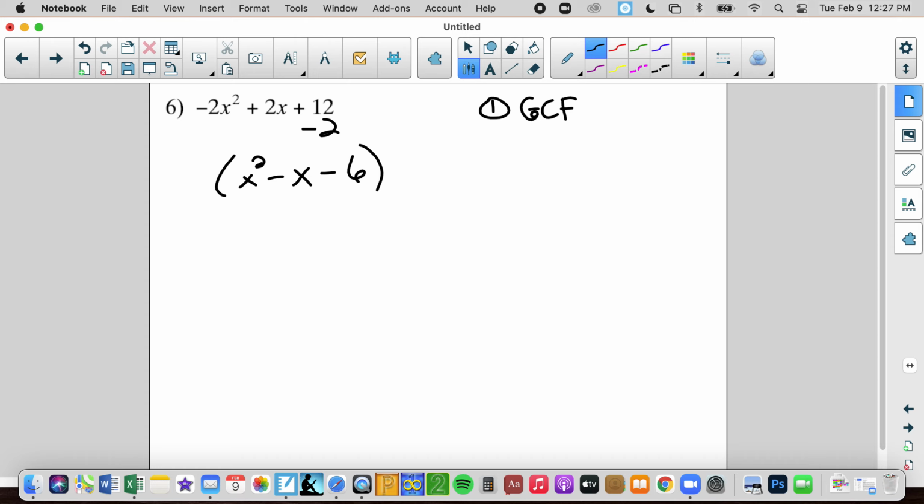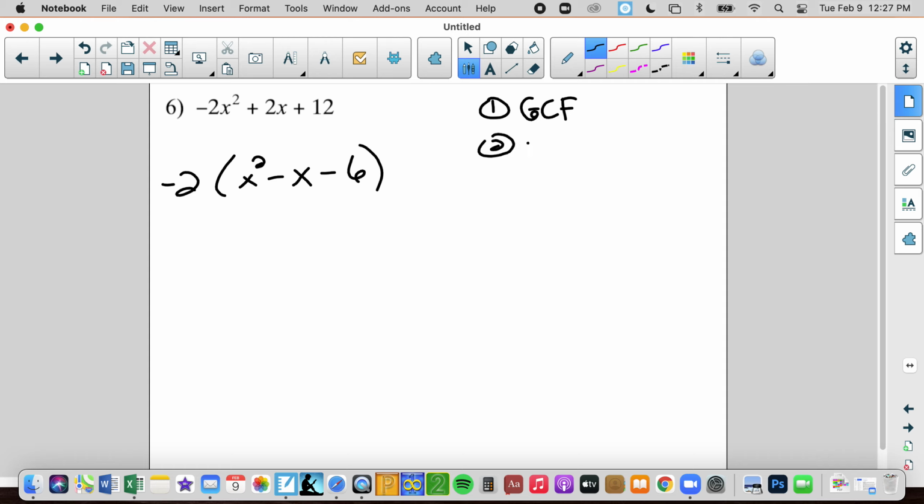Positive 12 divided by negative 2 is negative 6. That's why those values are negative there. And also, if we redistribute it, you better get your starting problem. Lots of stuff there to contemplate. And that is number sense. We have to understand what we're doing.